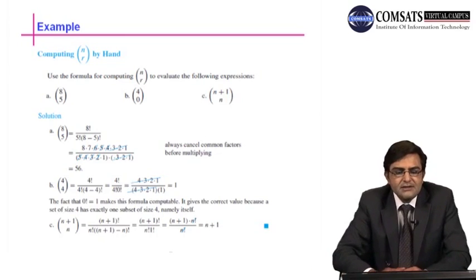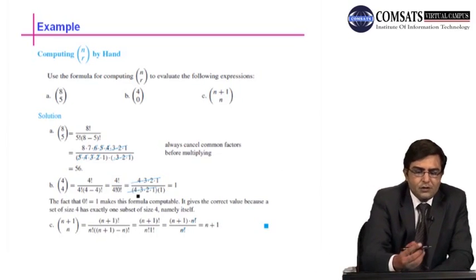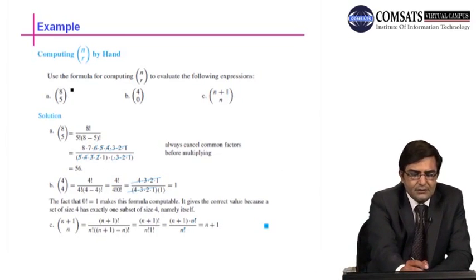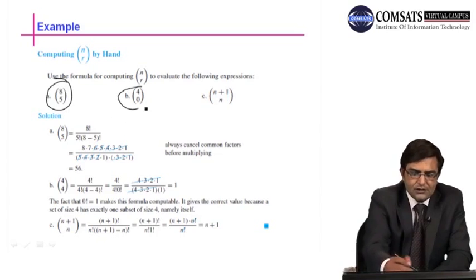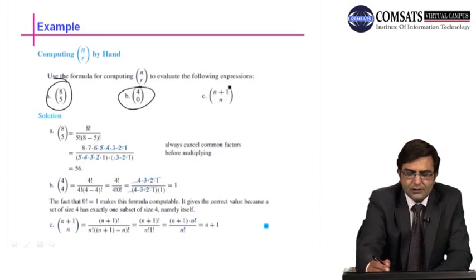Now computing nCr by hand, we have to compute 8C5, 8 choose 5, 4 choose 0, n plus 1 choose n.